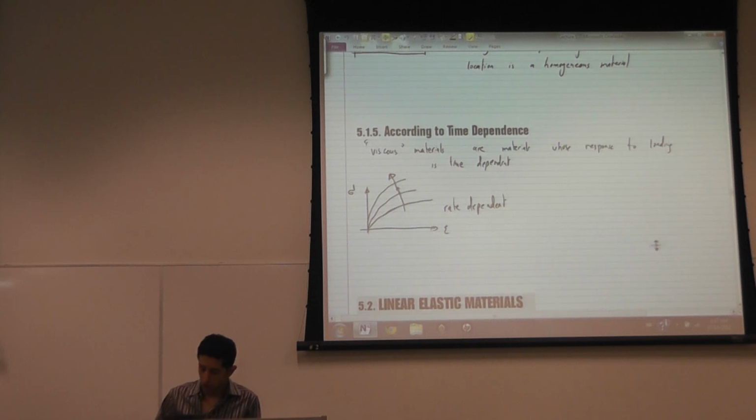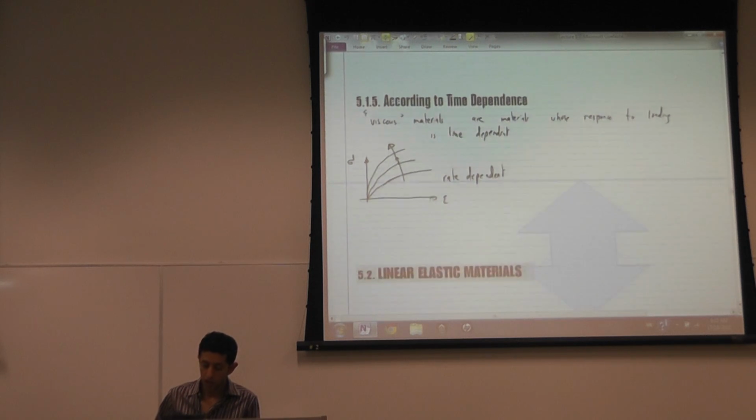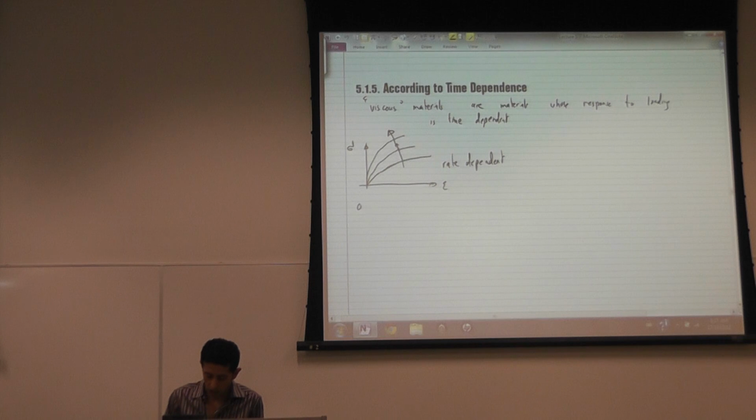Now, another two types of time dependence are creep and stress relaxation. So what is creep? I have a bar, and I put this bar under force F, and I measure the deformation at day 1, and then day 2.